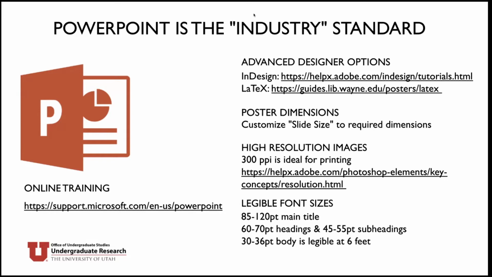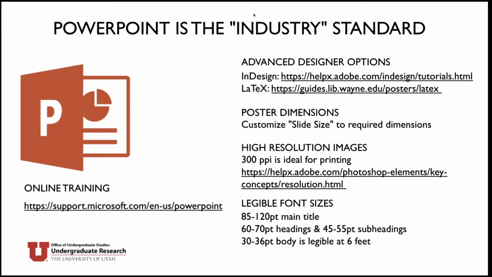It's also worth noting that your font sizes want to be large enough for you to see them from at least 6 feet away. When you're in a poster session, you're in a large room with a dozen or hundreds of other people, and you want to capture the eye of your audience.